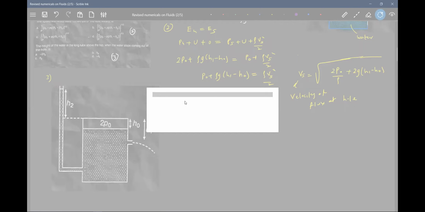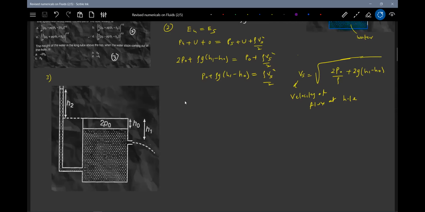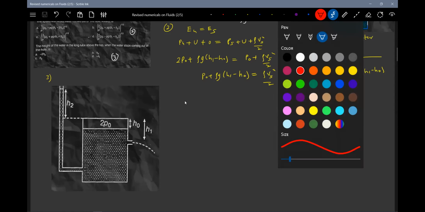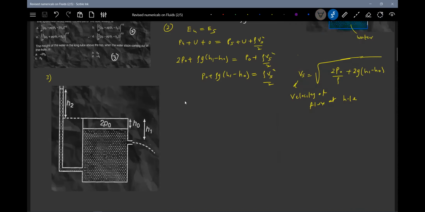From the top is what is being asked. Okay, the water stops coming. I think I can't. Okay, I'll try. If I can share this.